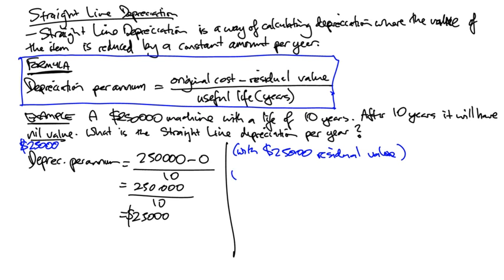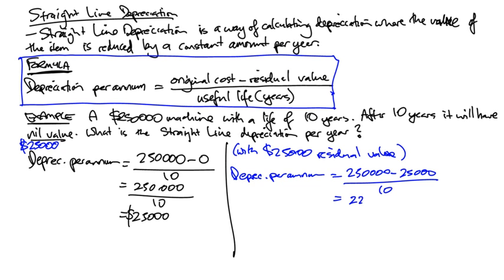So this time it's going to be depreciation per annum equals, and now we're going to use this whole formula because there is a residual value: 250,000 take 25,000, because it's going to be worth that at the end, divided by 10. What's 250,000 take 25,000?